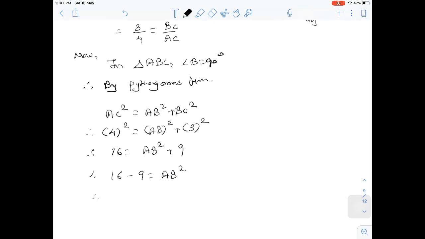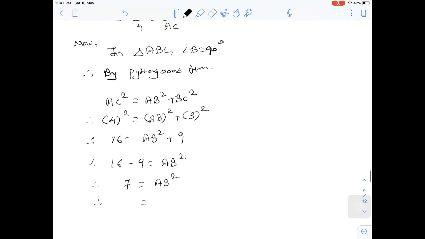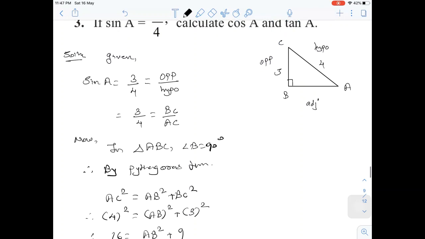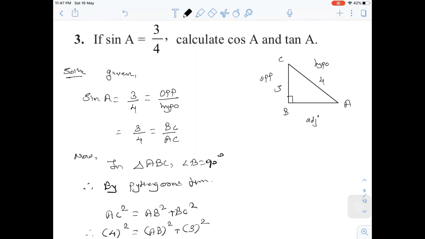Now 16 minus 9 is 7, so we have AB square equals 7. We don't want this in square form, so we can write it as root 7 equals AB. Now let us copy this value over here. So we have that AB is root 7.